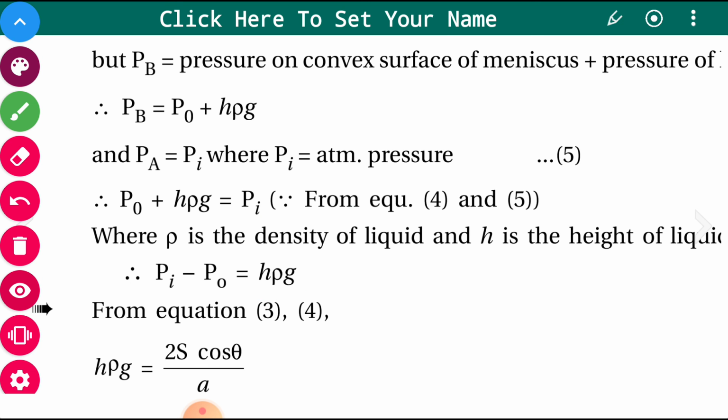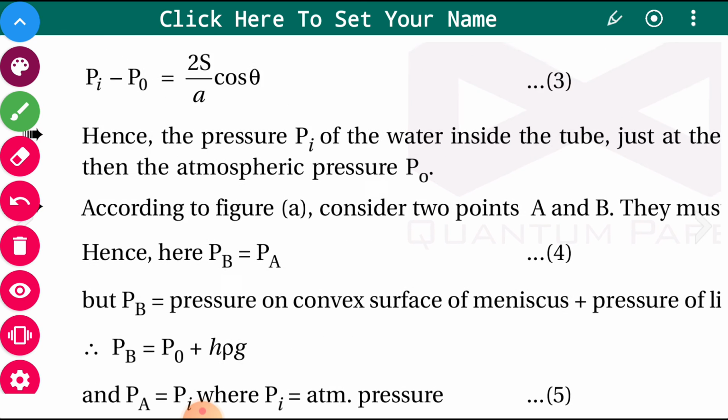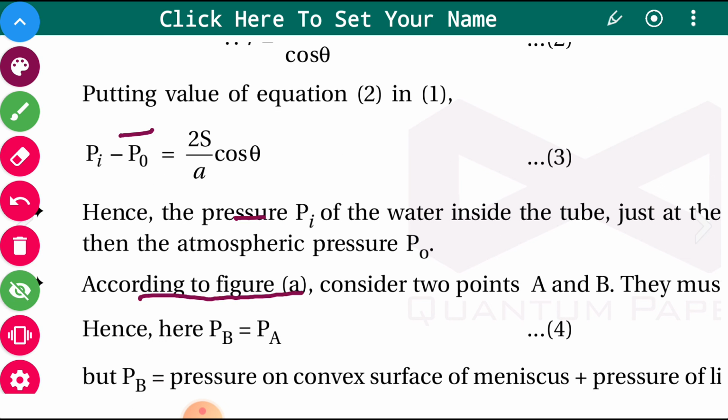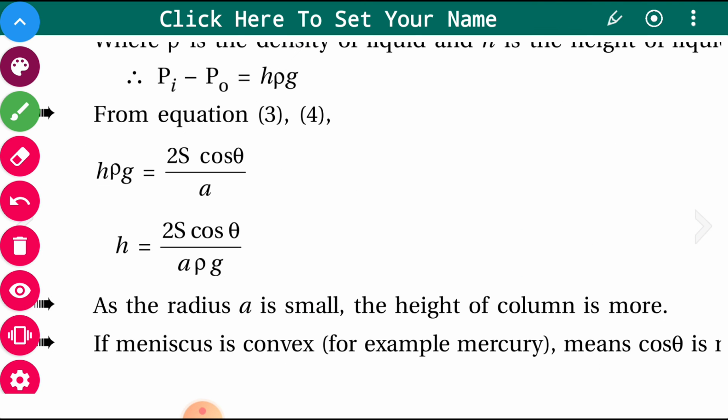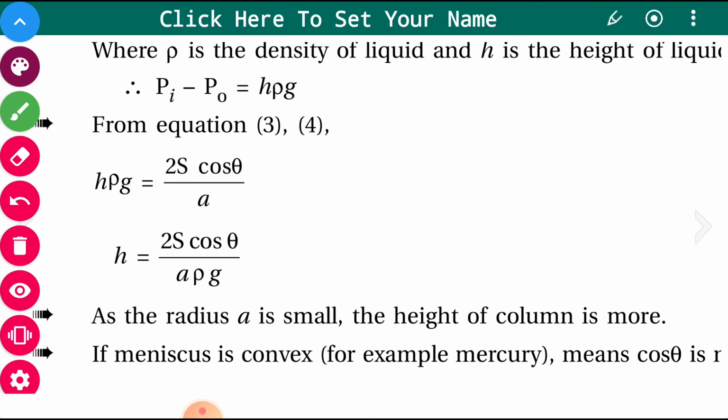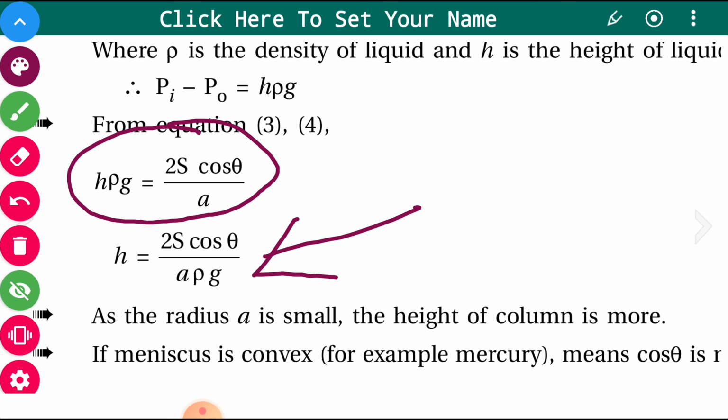Now instead of Pi minus Po, we can write rho g h. So we place that value: rho g h is equal to 2S cos theta upon A. So h is equal to 2S cos theta upon A rho g.